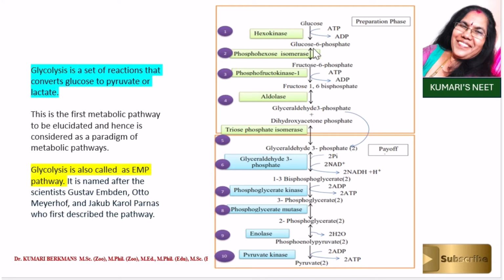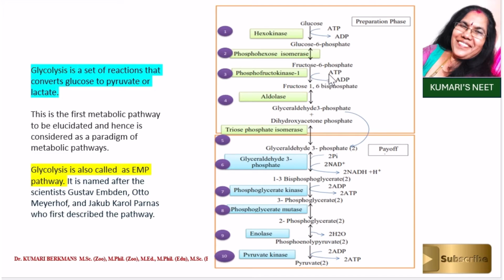And next one is a reversible reaction, that is glucose 6-phosphate is converted into fructose 6-phosphate. This may be reversible. And here the enzyme which is involved in this is phosphohexose isomerase. And next reaction, this reaction needs an energy.